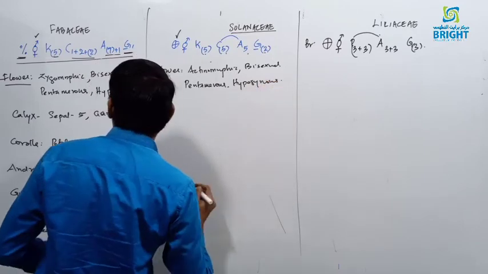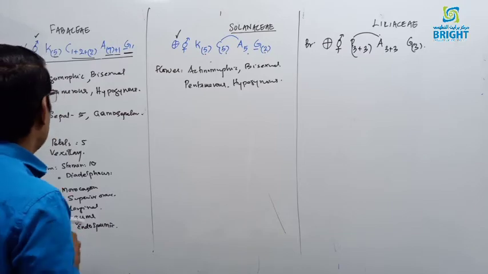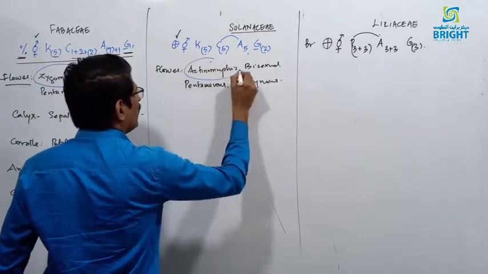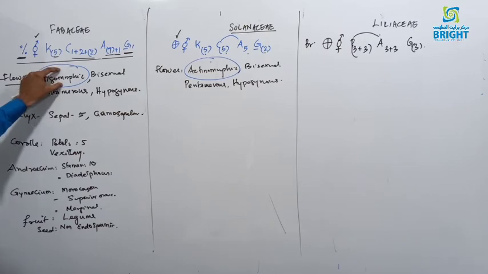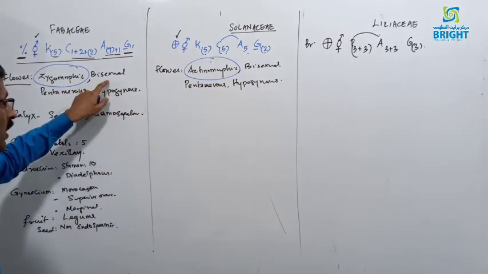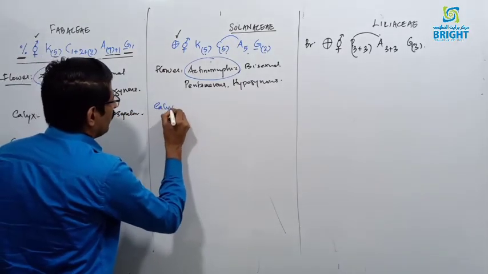So what is the difference between the basic characters of Fabaceae and Solanaceae? Fabaceae has a zygomorphic flower, but Solanaceae has an actinomorphic flower. All other characters are the same. Both are bisexual, pentamerous and hypogynous. And what about calyx?